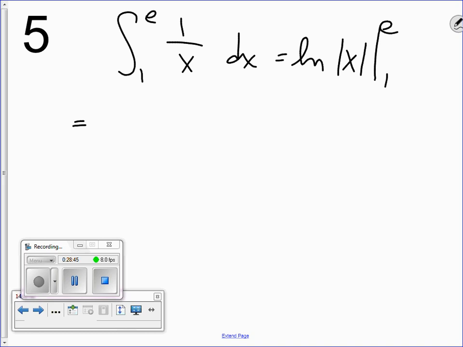So which one do we plug in first? The e. So the absolute value of e is e, right? Because the e is already positive, so I don't have to write the absolute value of it. So it'll be the ln of e minus the ln of the absolute value of 1, which is just 1.